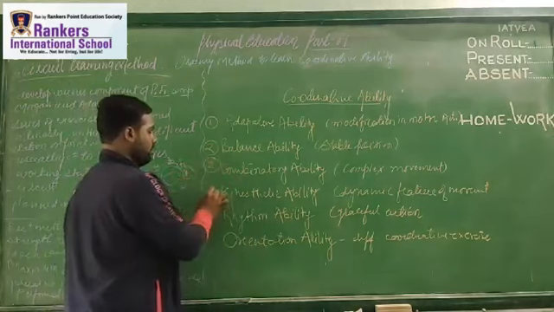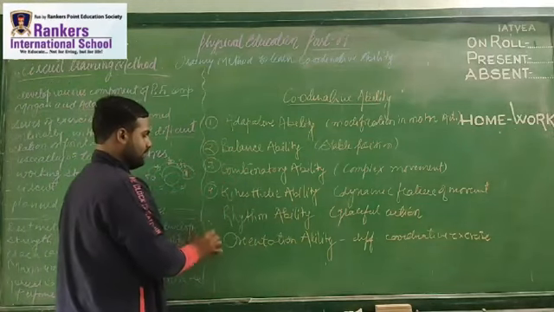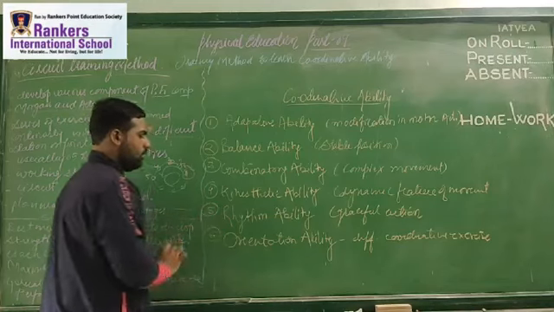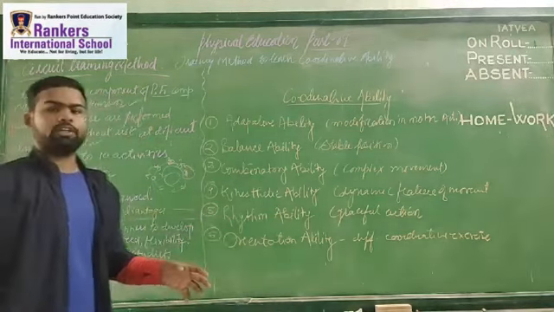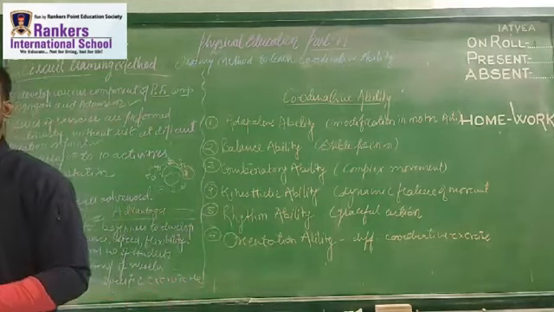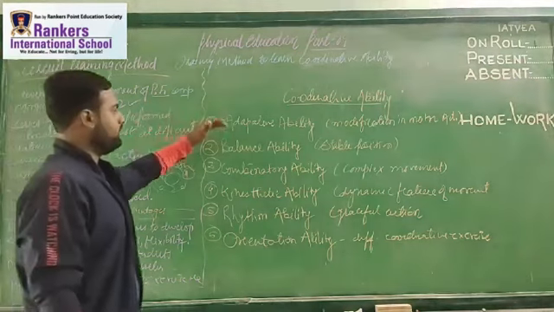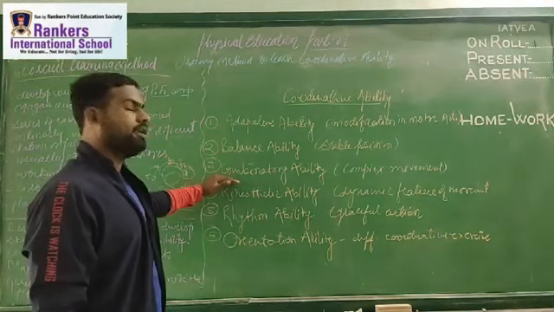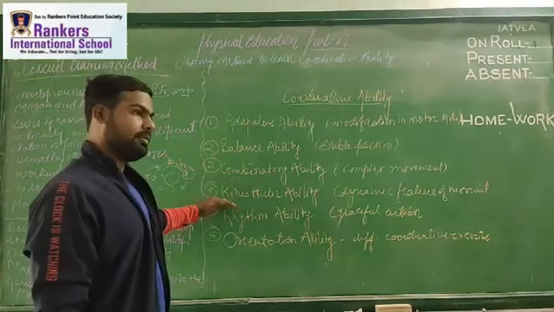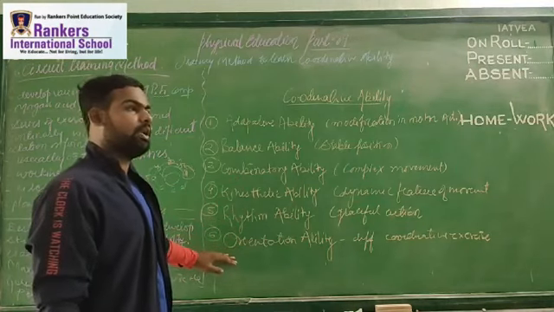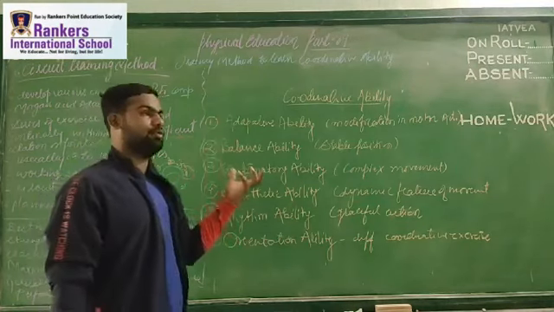The third is combinatory ability. The fourth is kinesthetic ability. The fifth is rhythmic ability. And the sixth is orientation ability. Got it? So first we'll have to understand what this adaptive ability is.